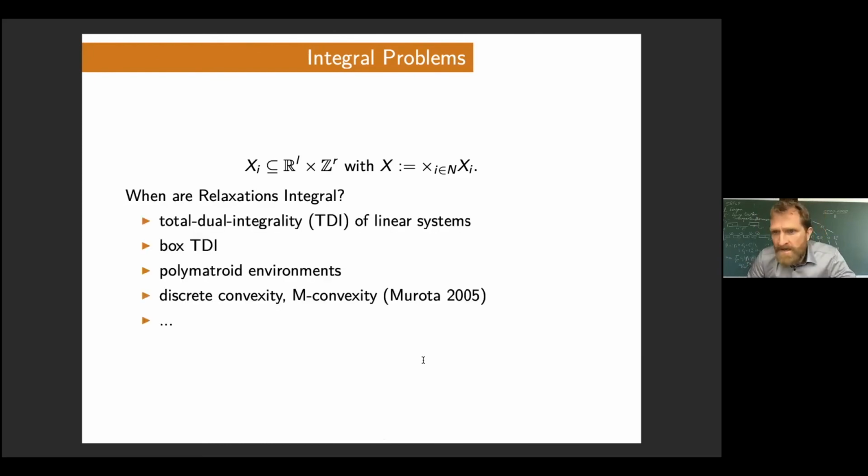Well, these are conditions related to total dual integrality of the linear system I write down, or box TDI, or if we use polymatroid environments. These give us special structures, let's say, for the value function in the auction setting. Even discrete convexity or M convexity are precisely giving you conditions under which the fractional relaxation admits integral solutions. And you can use all these methods and theories to argue about the master problem I presented to you.